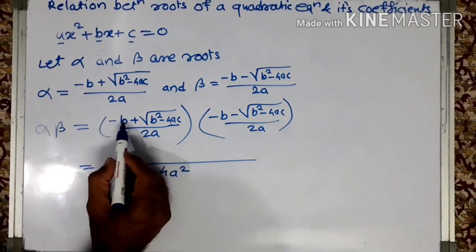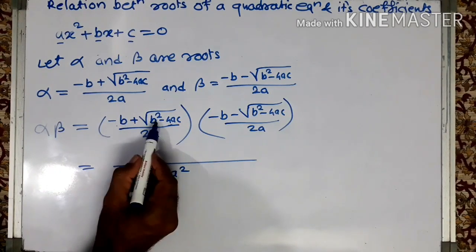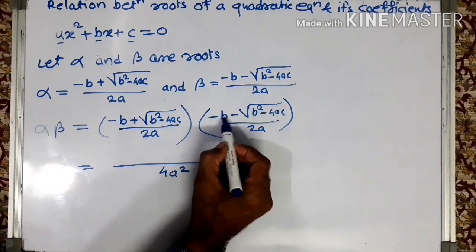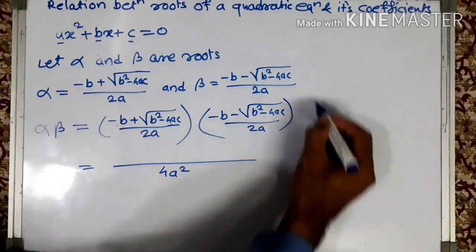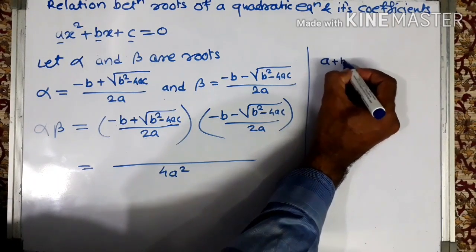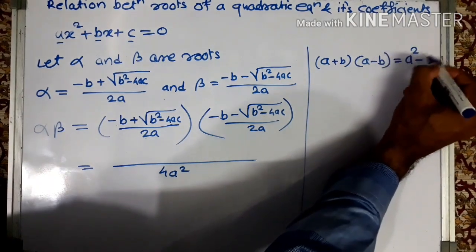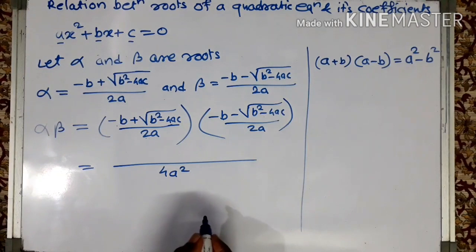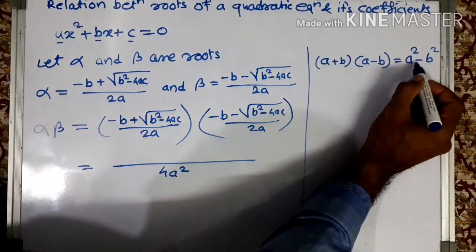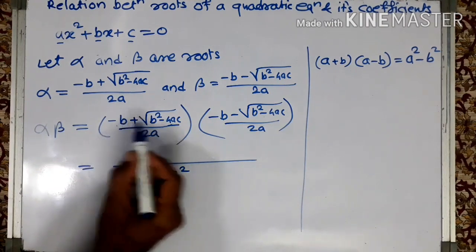Now the numerators are binomial expressions. The first term is minus b, the second term is root b square minus 4ac. Here we can use the identity: a plus b into a minus b equals first term square minus second term square. First term plus second term into first term minus second term, we can write as first term square minus second term square.